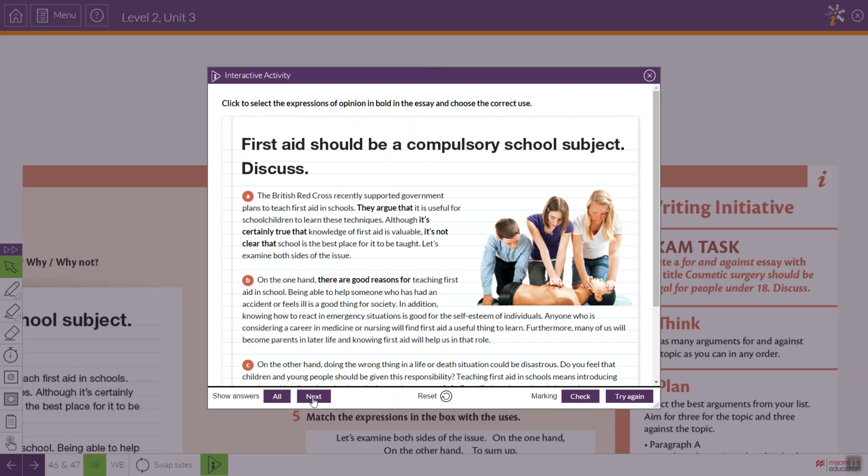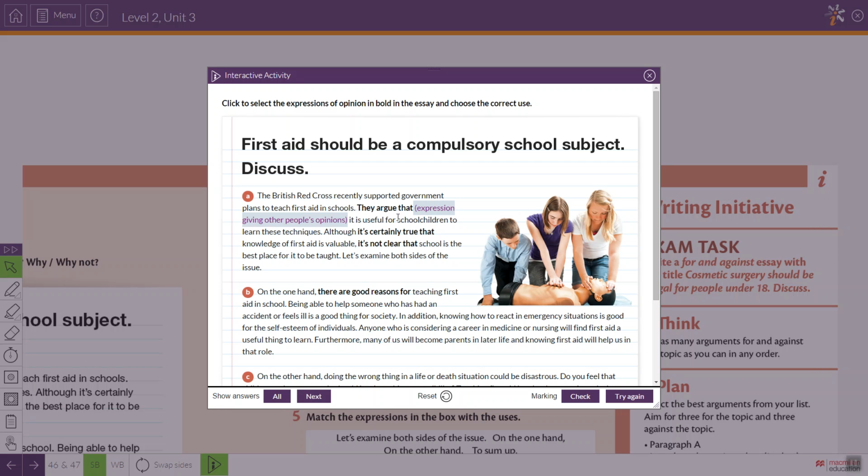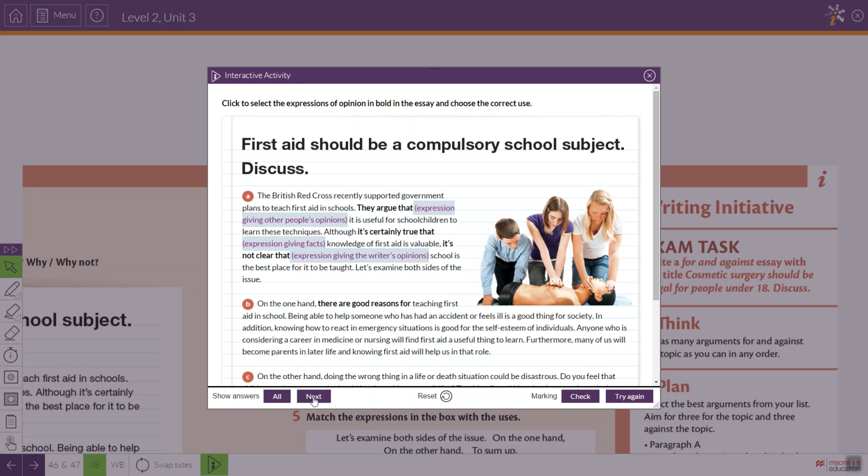You have to decide which expressions do what or mean what. "They argue that" is an expression to give other people's opinions. "It's certainly true that" is an expression to give facts. We will have a look at that in a minute. "It's not clear that" is an expression giving the writer's opinion.